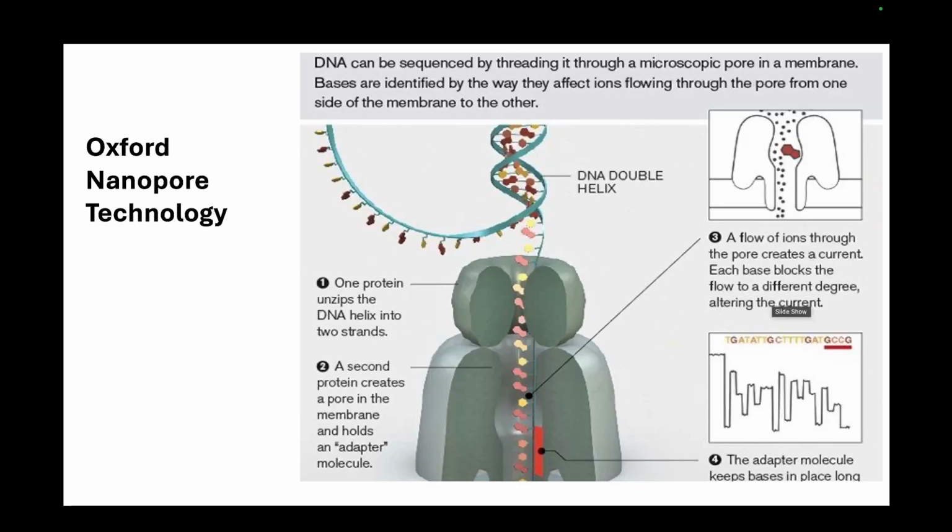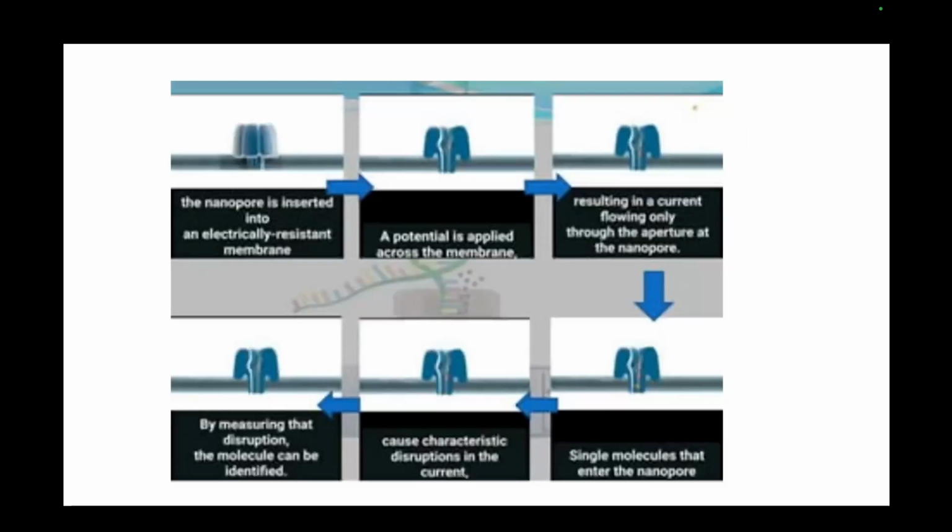We've mainly seen sequencing by synthesis, but this does not use sequencing by synthesis. It flows current through a pore in which the DNA strand is present, and depending upon how the current is altered, it predicts a sequence.